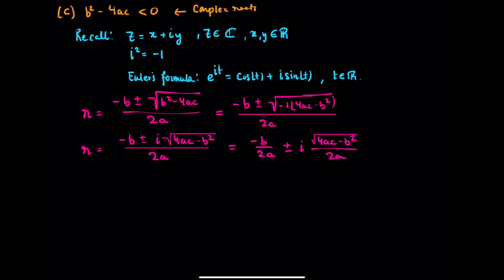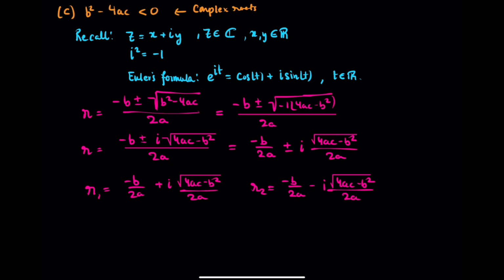And so your r1 equals minus b over 2a plus i times the square root of 4ac minus b squared over 2a, and your r2 could be minus b over 2a minus i times the square root of 4ac minus b squared over 2a.